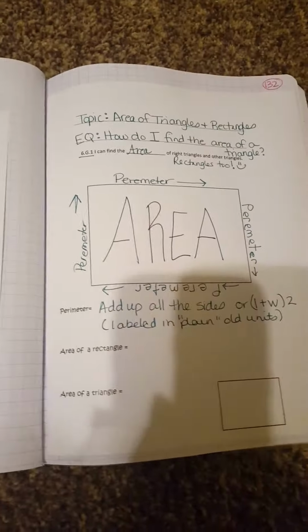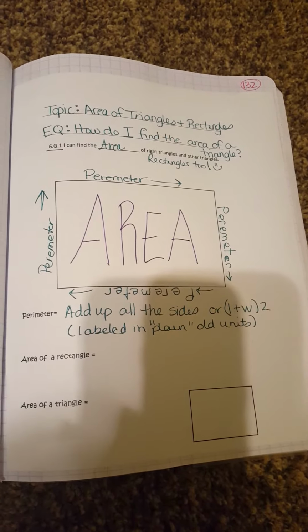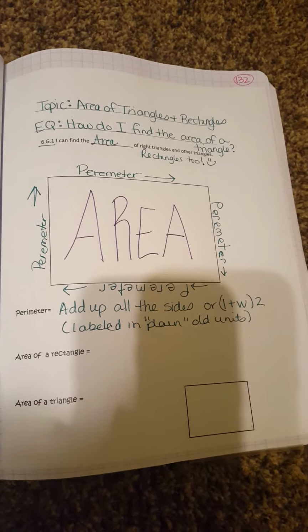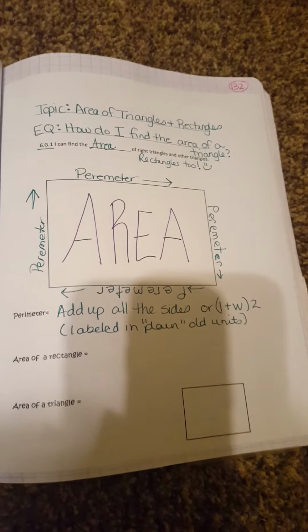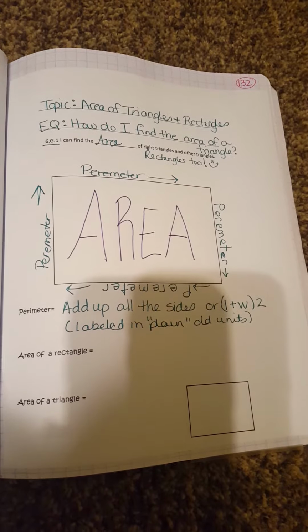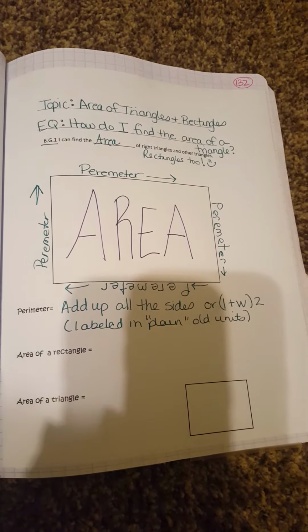So for example, if I was doing this with centimeters, it would just be whatever I add up to be centimeters. If it was inches, it would just be in inches. If it was feet, it would just be in feet. You're not going to add anything to it, as you're going to see when we do area. We're going to change up those units a little bit, but for perimeter, we're just doing the length.